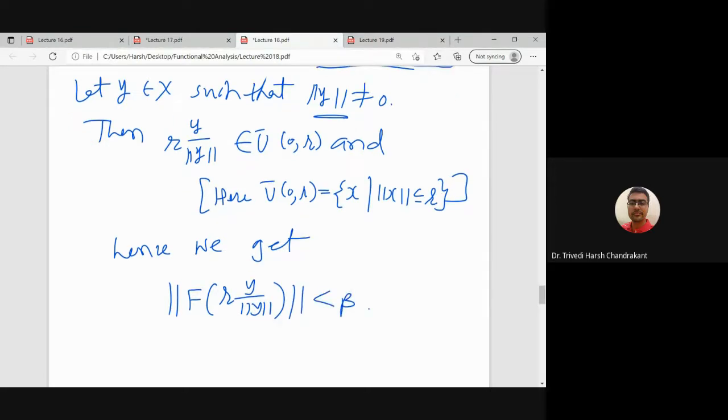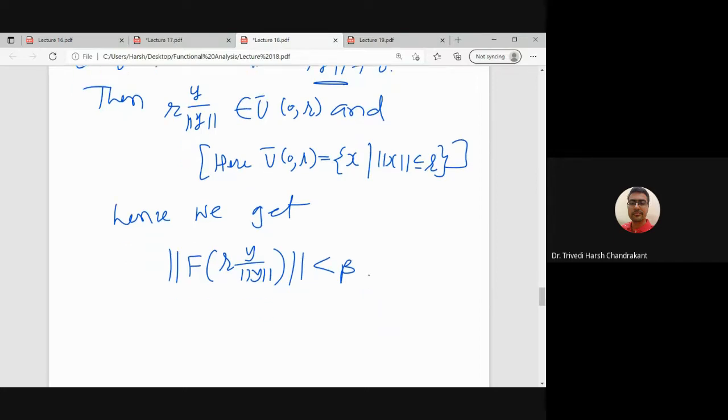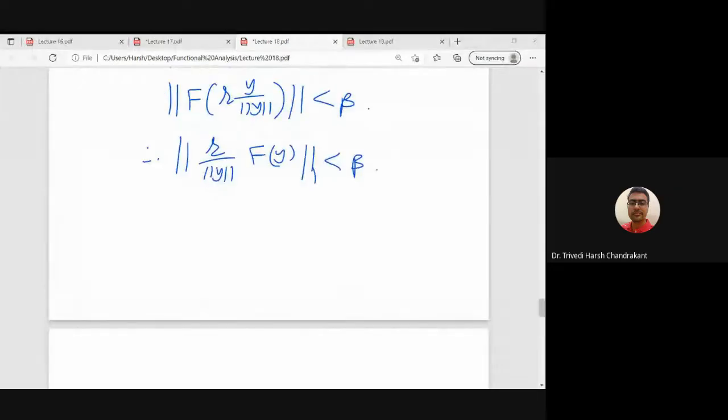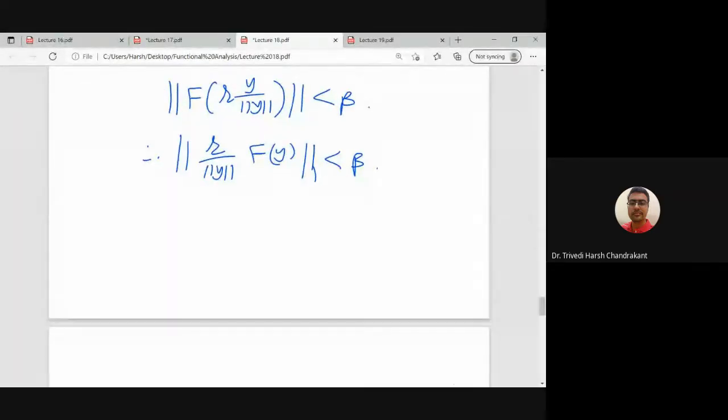Now we are done, because f is a linear function. So this we can write as r divided by norm y, this is a scalar that comes outside the linear function, times f of y, and the norm is less than beta.